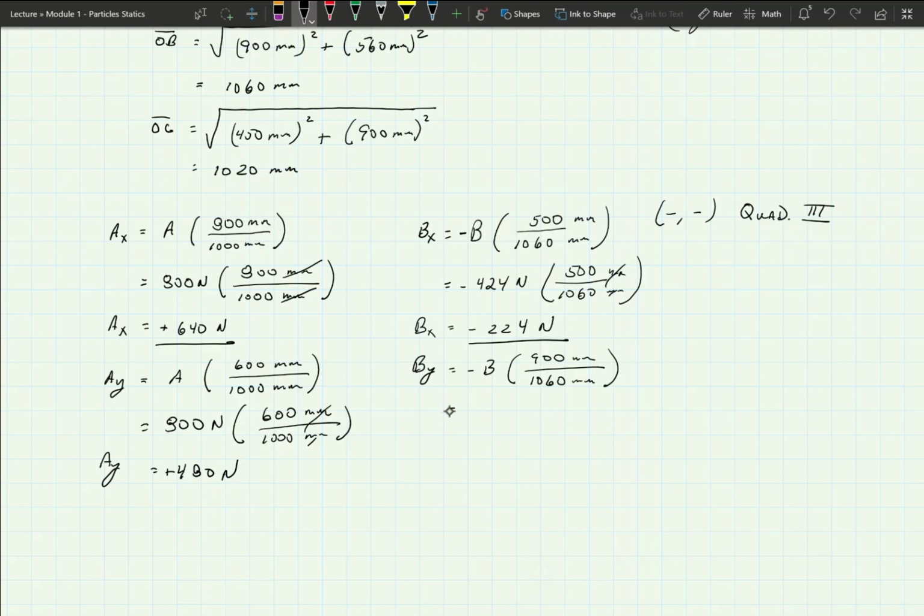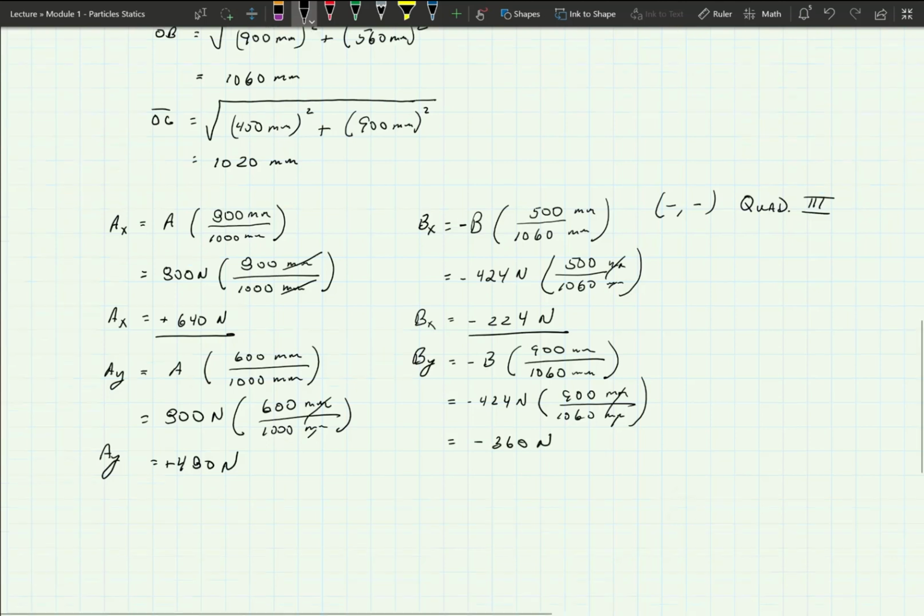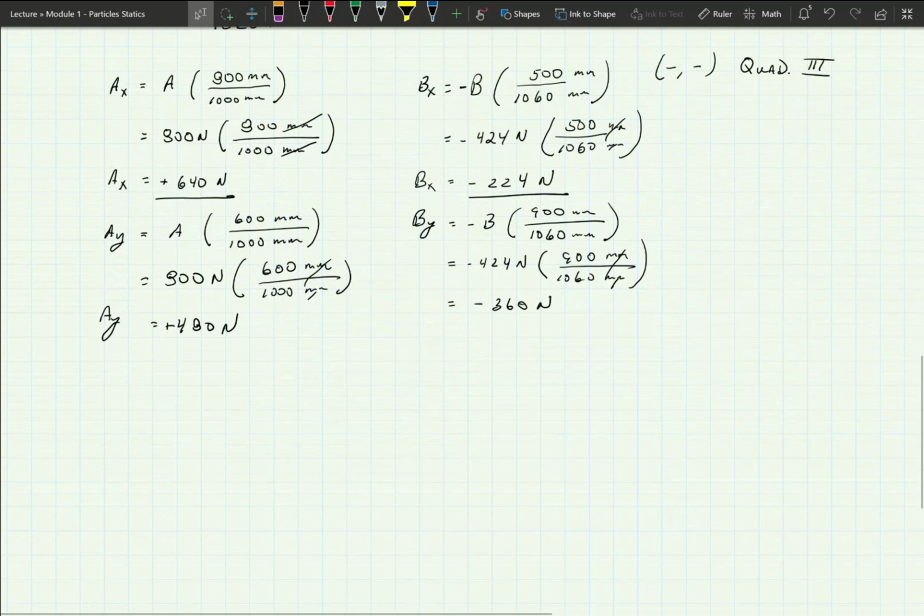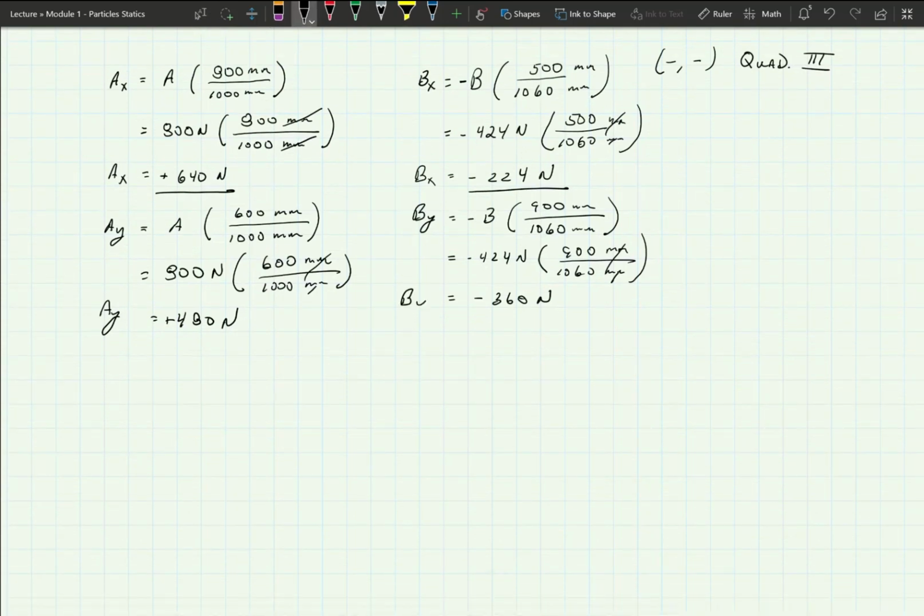Okay, and then we get negative 424 newtons, and we're looking at 900 millimeters over 1060. Those cancel out, and we're going to get a number that is equal to negative 360 N. Okay, and that's my B of y.